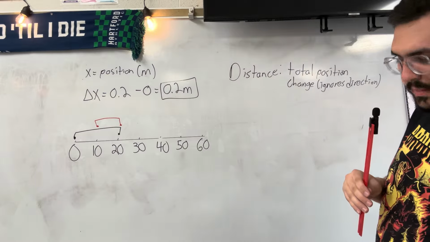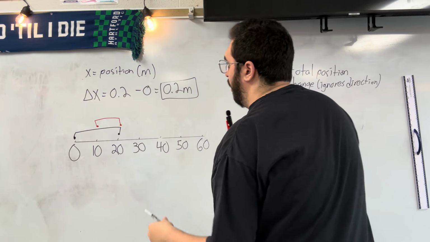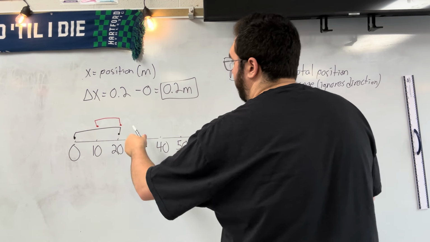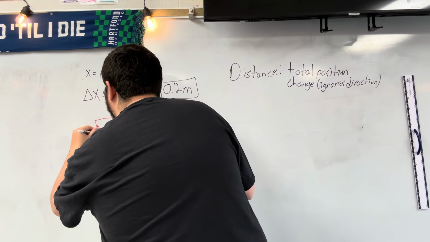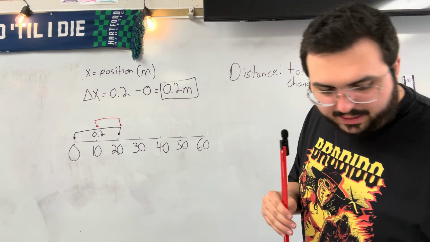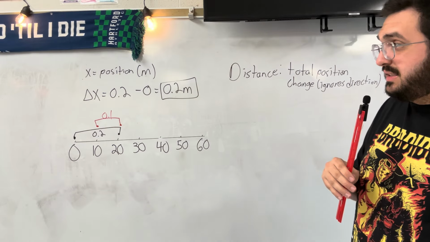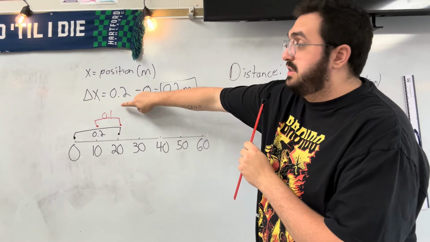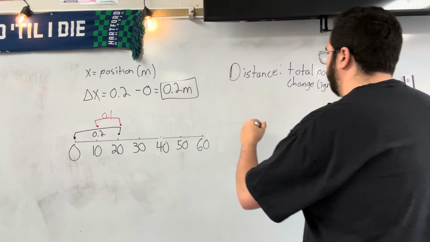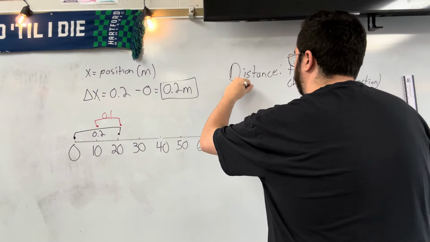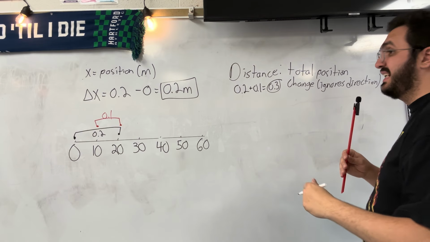So in this case, if our initial change was 0.2 meters, all we've done now is we've gone 0.1 meters the other direction. So this is 0.2, and then this is 0.1. Our distance would be 0.2 plus 0.1, which is 0.3. So 0.2 plus 0.1 equals 0.3 will be our distance. Obviously, that's in meters.